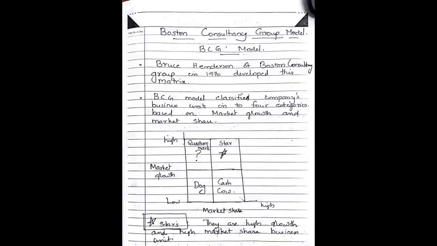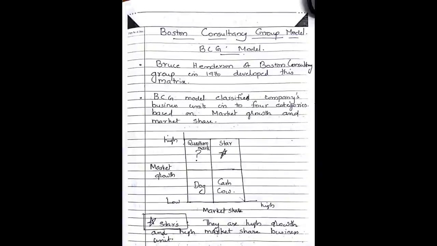And the fourth category is the cash cow product. Here we can see that it is on the right side of the graph, and the market share is very high, and market growth is very minimal. That means in the case of a monopoly product, we need not advertise, or spend much money in the market. So market growth is not that much, because the competitors are not there, and our product alone will be in the market.